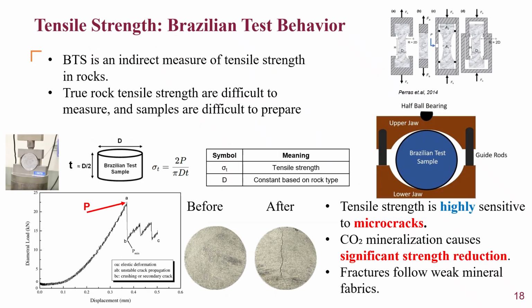Next test is the Brazilian tensile test. Now, the Brazilian tensile test, which measures the indirect tensile strength of the rock, was developed as an easier approach to measure the tensile strength, because the tensile strength of rocks is very hard to measure, and it involves getting the rock into specific shapes and having specialized equipment or frames in order to house these specialized rocks and to perform these tests.